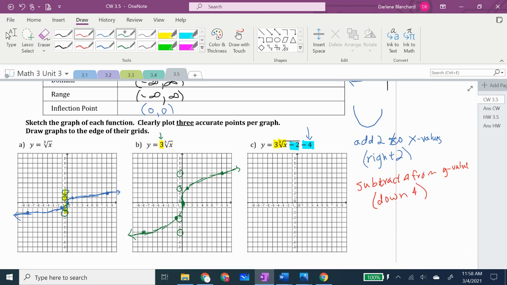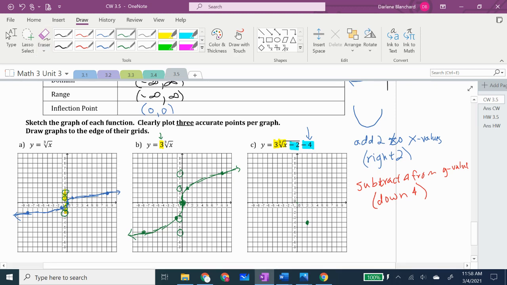So I am going to take the origin. I'm going to start with the origin that is right here. And I'm going to do its movement. Right 2, down 4. And that is now where my point of inflection will be, and I am erasing the previous point.